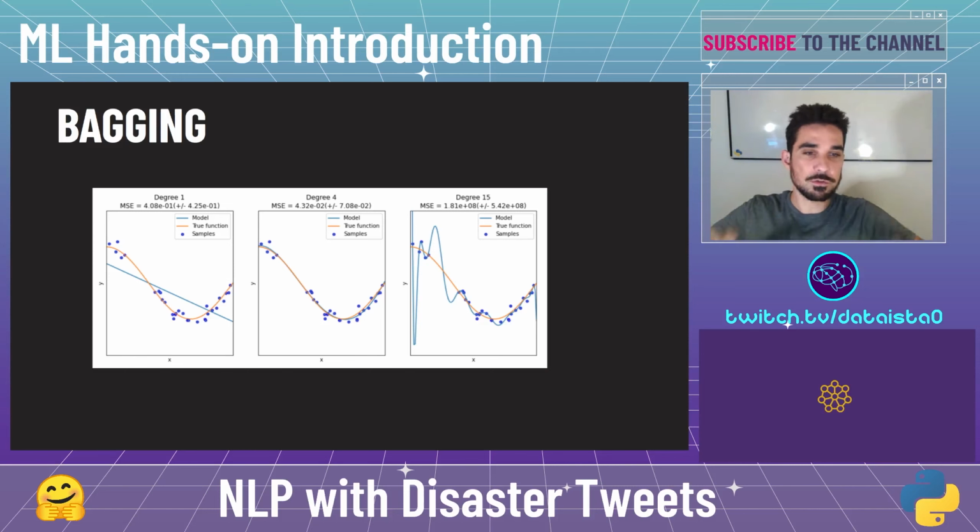It's overfitting to this specific data, and it's too smart to recognize that actually it's a simpler line that's generating the data, a simpler line with some noise.